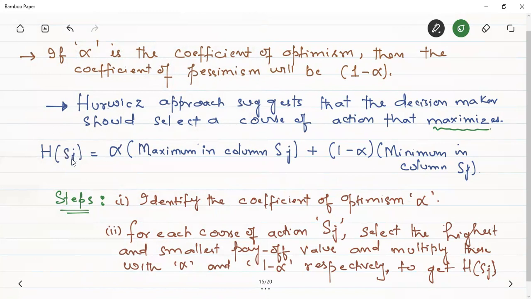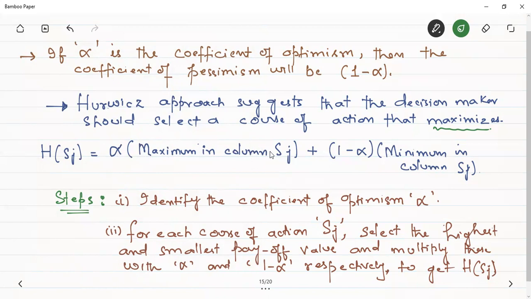Sj means the course of action or strategy. Therefore, if we have 3 decision alternatives or strategies, the value of j will vary from 1 to 3. So we will calculate h, which is equal to alpha multiplied by the maximum payoff in Sj, plus 1 minus alpha multiplied by the minimum in Sj.